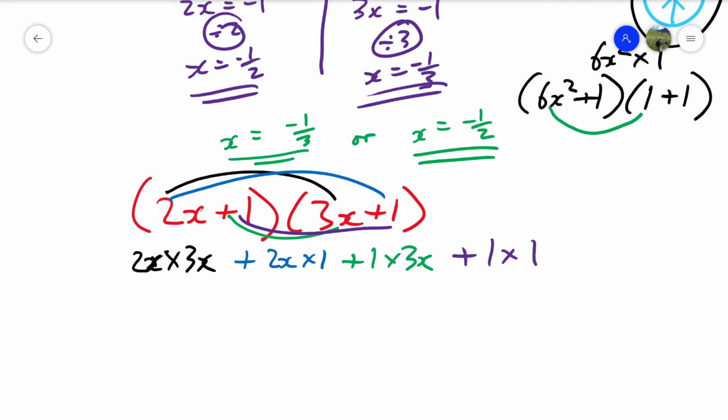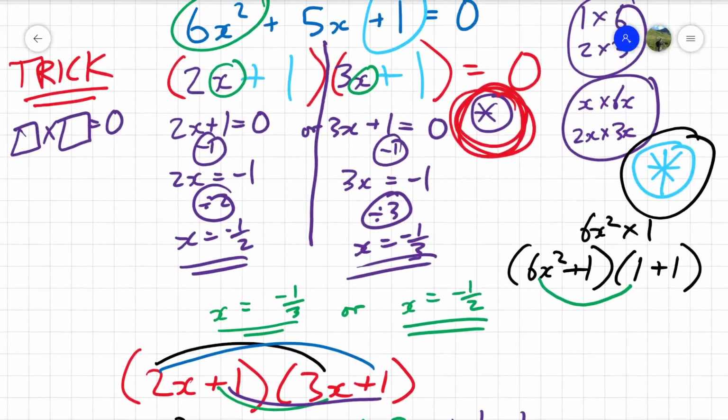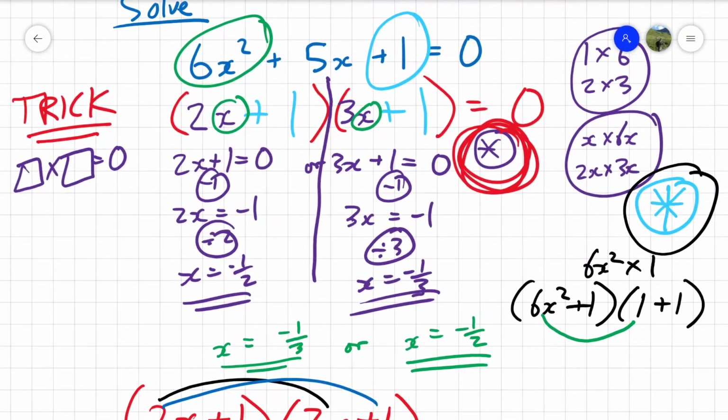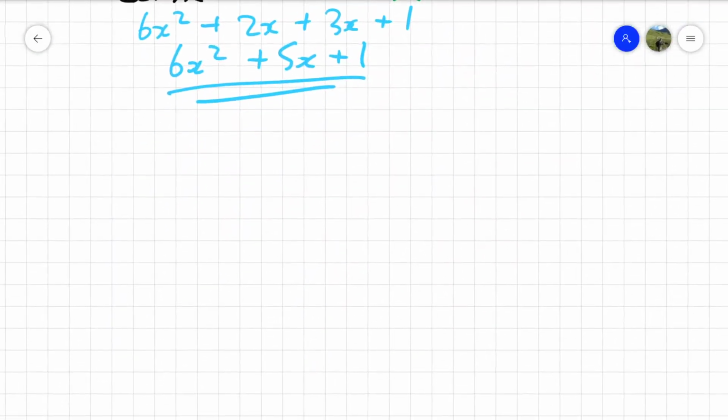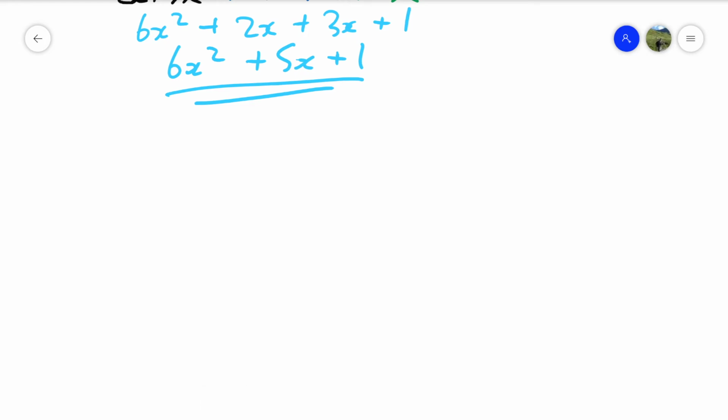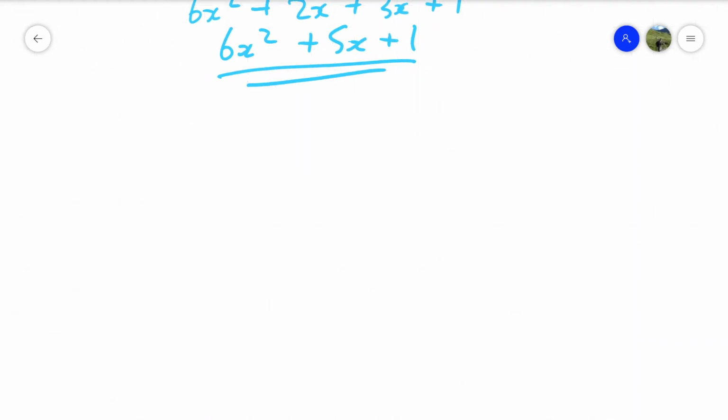So this is going to be 6x squared plus 2x plus 3x plus 1, which then simplifies as 6x squared plus 5x plus 1, which is what we wanted because that was the original question if we look up at the top. And if we tried a different one, it wouldn't have worked. Let's do the next question.